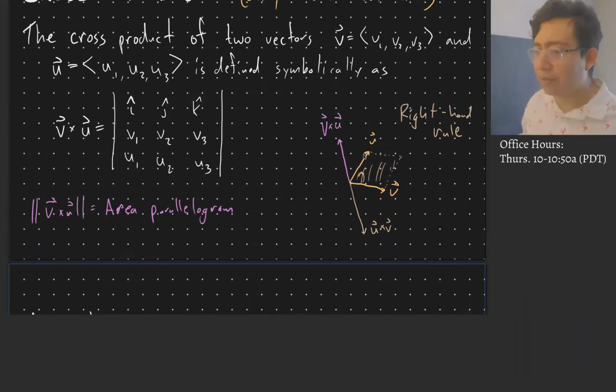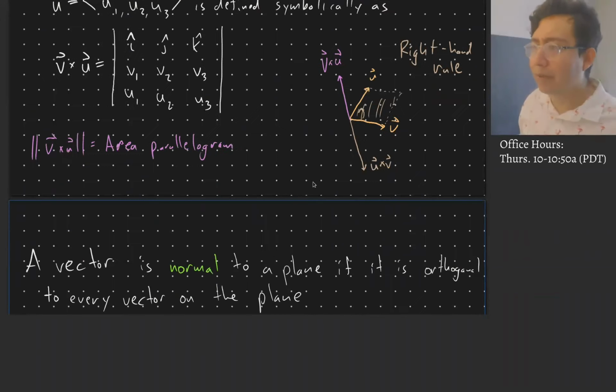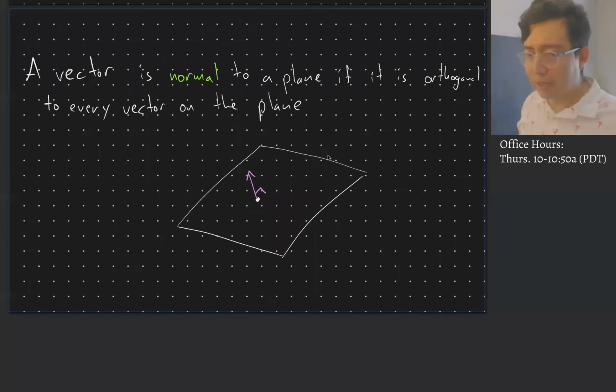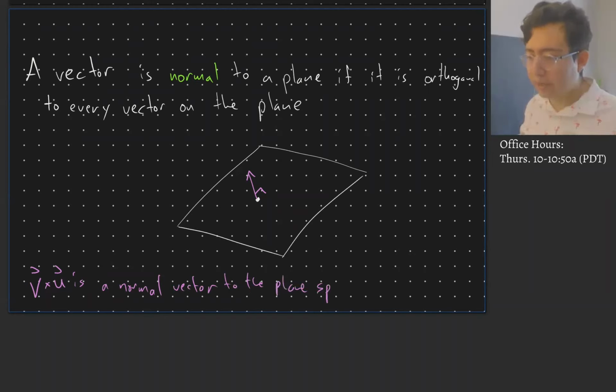Over here I said it's orthogonal to both vectors. Maybe I didn't write that anywhere, so maybe I'll write that here, that's worth saying. So V cross U is a normal vector to the plane spanned by V and U. So basically these two vectors, right?